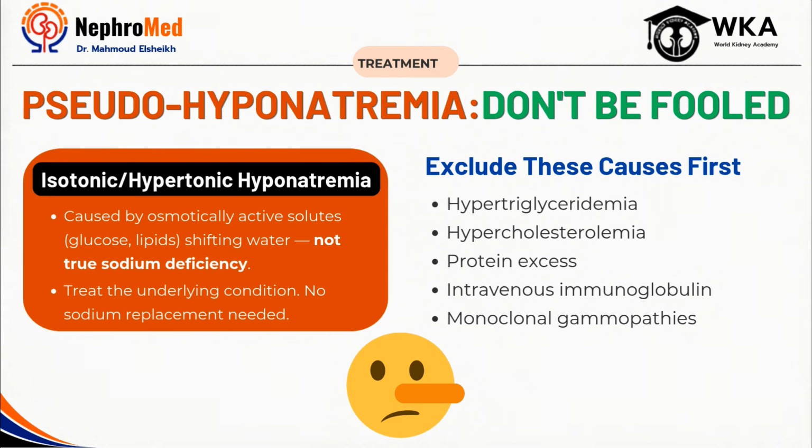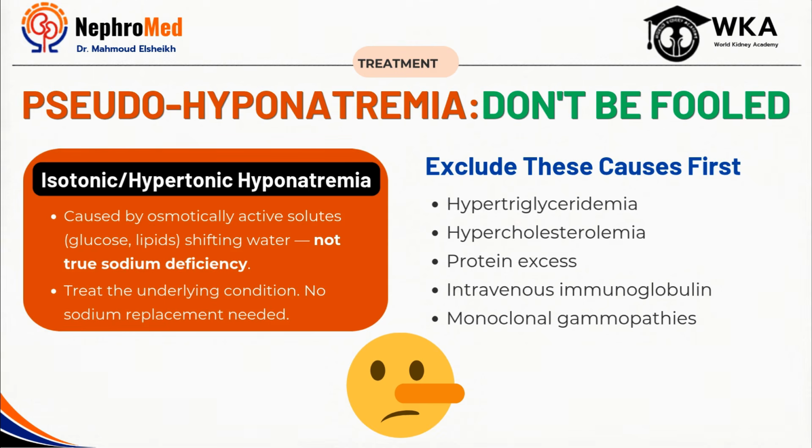Another important category is hypertonic hyponatremia. Here, osmotically active substances like glucose pull water from the intracellular to the extracellular space, diluting serum sodium. Again, this is not true sodium depletion. And this distinction is critically important clinically, because treating these patients with hypertonic saline or aggressive sodium replacement may be completely inappropriate.